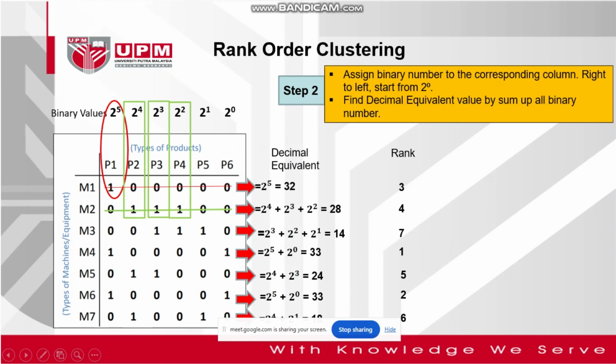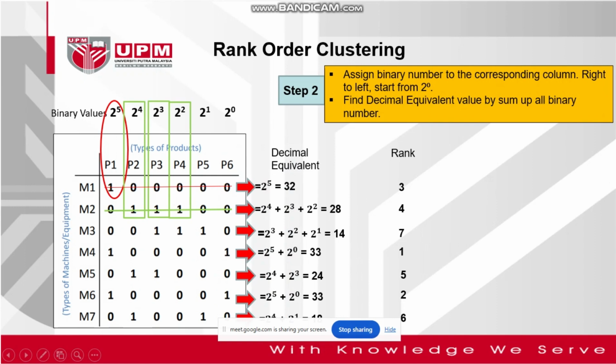For each row, we add the binary weights where the value is 1. For example, for machine 1, only part 1 has a value of 1, which corresponds to 2 power 5.